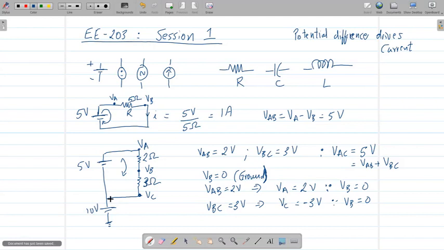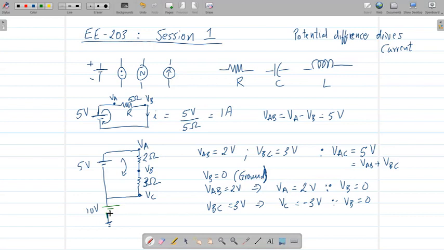The fact that this 10 volt battery on one end is connected to ground and the other end, it's badly drawn, so let me redraw it. Let's give it a fresh color. Okay, so I have this 10 volt battery that is now connected to this entire circuit.